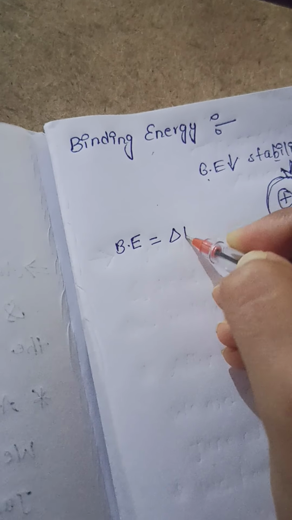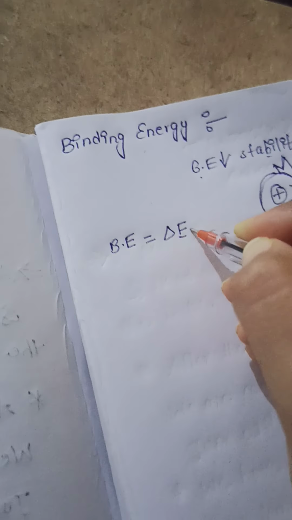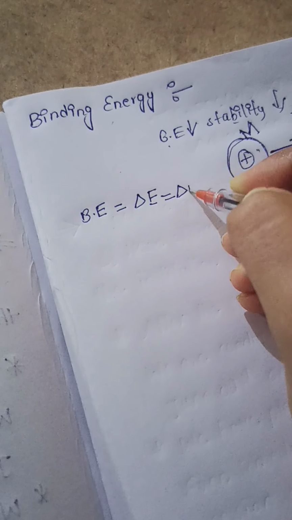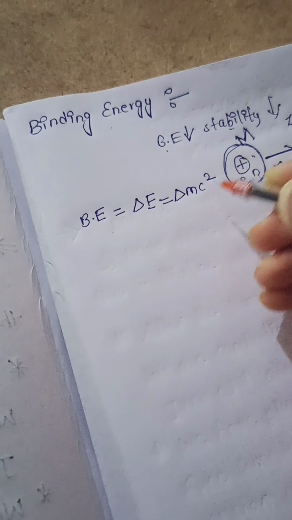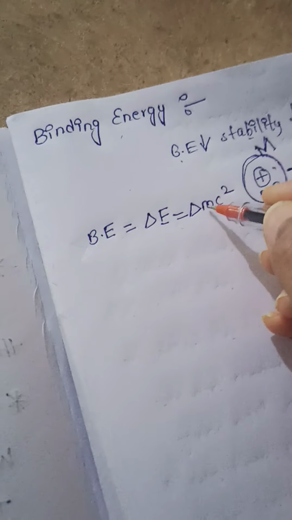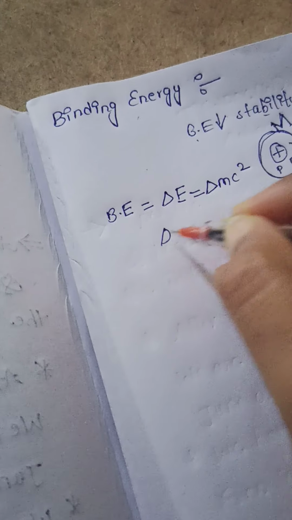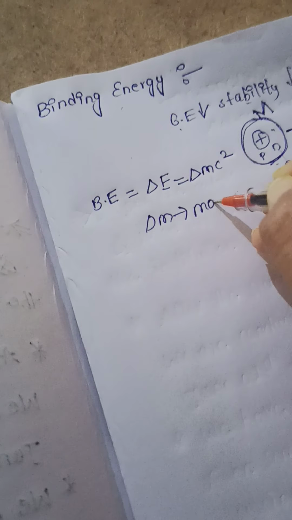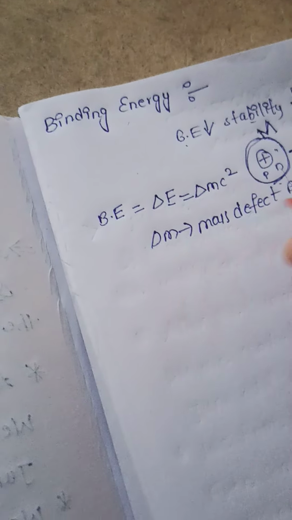Here the binding energy can be defined as delta E, that is, the change in energy, represented as delta m c squared. Mass is changed into energy: delta m times c squared. Here delta m is the mass defect, that is, the loss of mass.